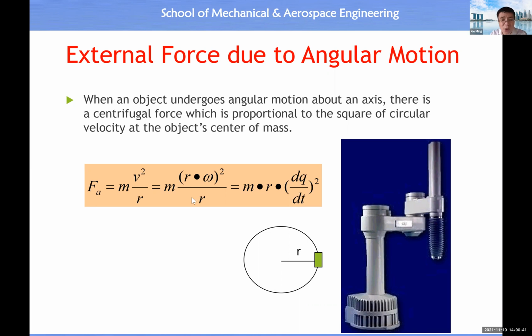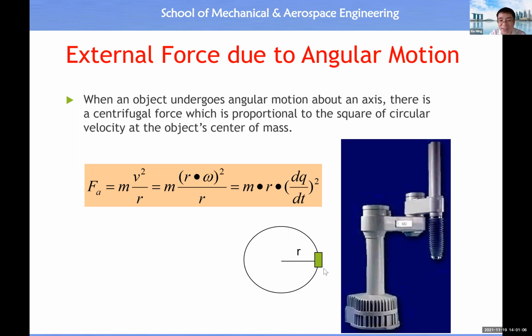So when you have a rigid body moving along a circular path, for example, in this case link 2 will drive this vertical link. When link 2 undergoes rotation in the horizontal plane, this rigid body will move along a circular path.